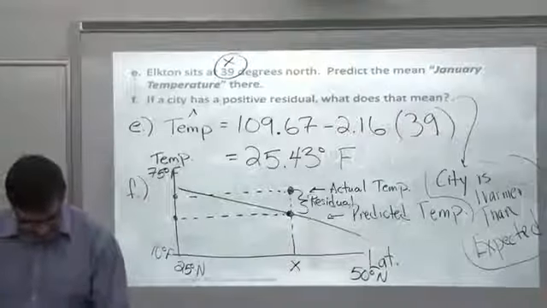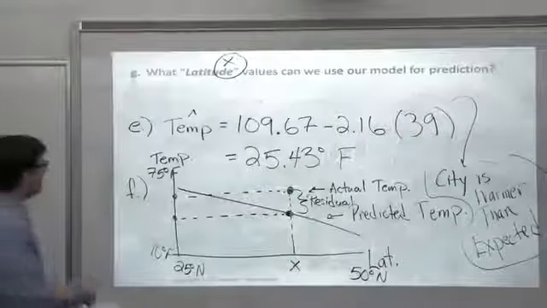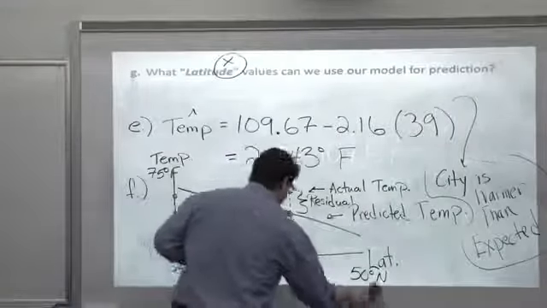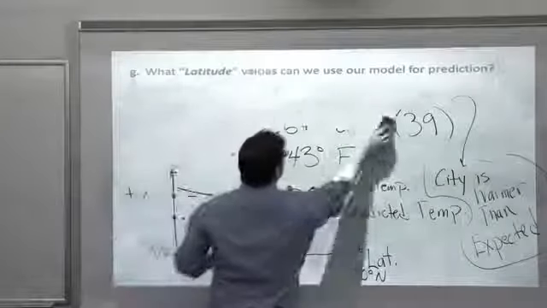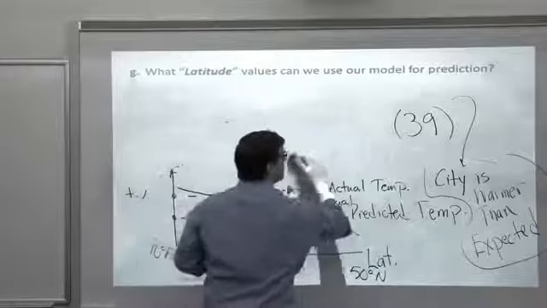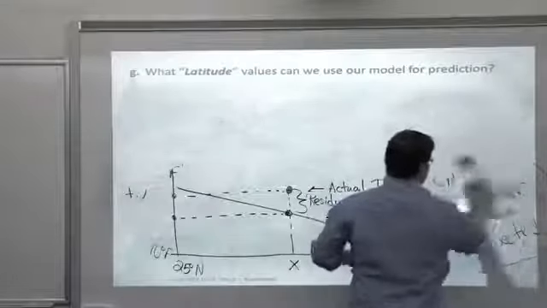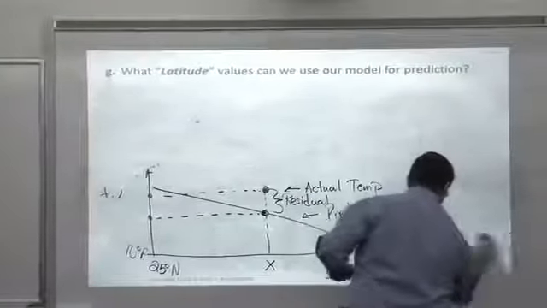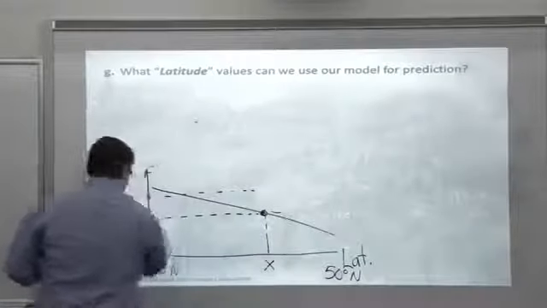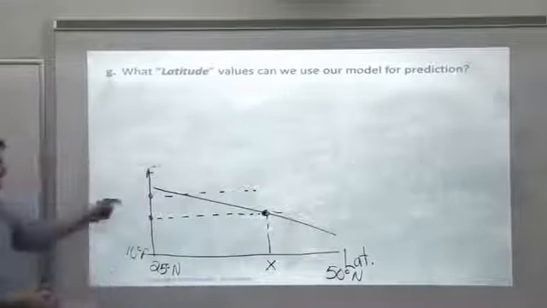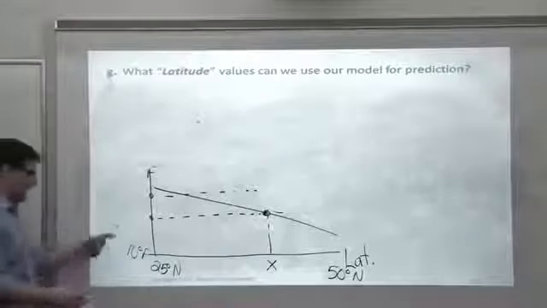Part G, I think. Oh yeah. Last part of this. Part G, what latitude values can we use our model for prediction? I'm not going to erase my picture down here. Can leave this. So we'd like to predict temperatures for various cities.